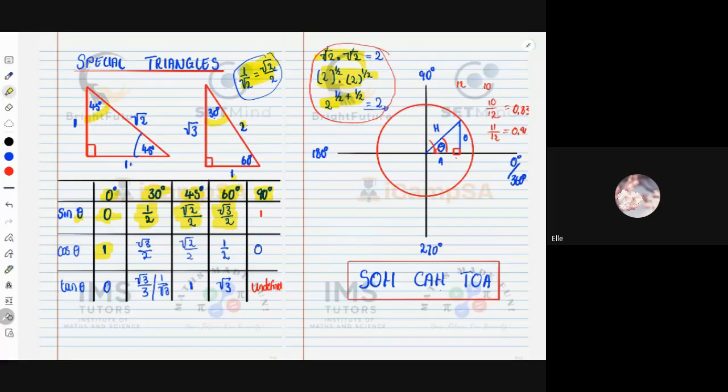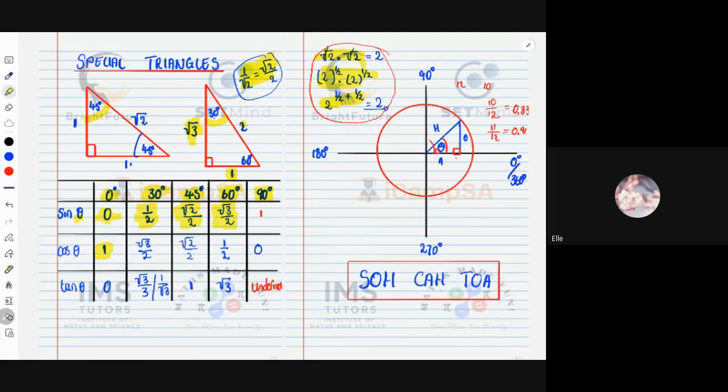If you think about it, you only actually need to know these two sides, just know the adjacent sides to the angles. If you know that the adjacent side to 30 degrees is root 3, and then the adjacent side to 60 degrees is 1, you can actually calculate this.